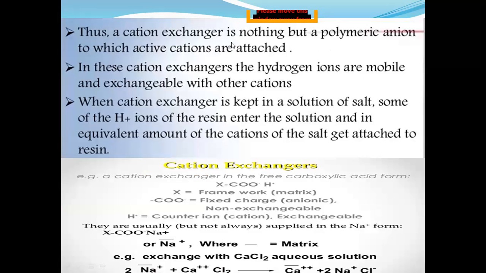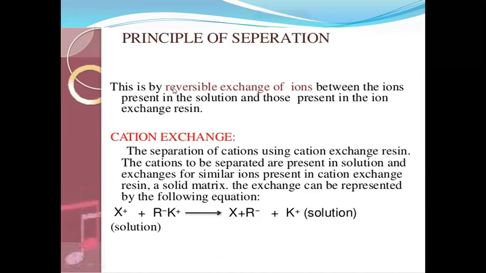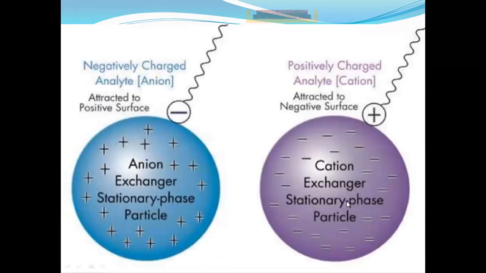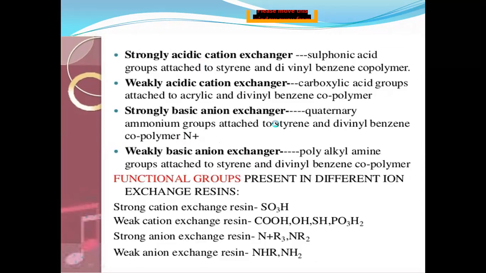A cation exchanger is nothing but a polymeric anion to which active cations are attached. In the cation exchanger, the resin is COO minus, and the cation attached is H plus or K plus.